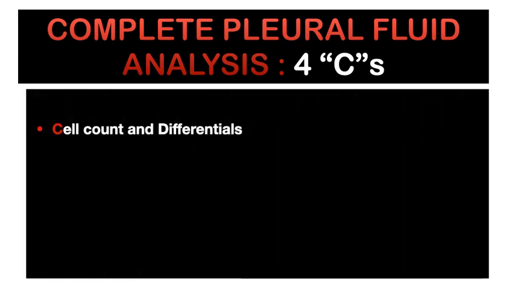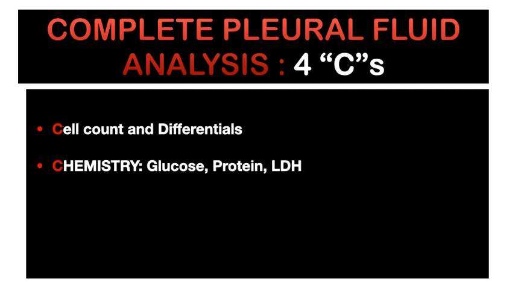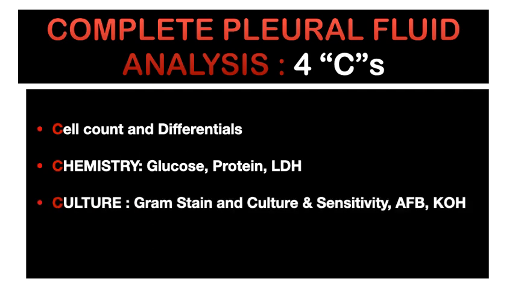First C is cell count and differential. Second C is all about chemistry: the glucose, protein, and LDH. Third C is culture. It includes gram stain and culture and sensitivity, AFB and KOH. And lastly, cell block and cytology to rule out malignancy.